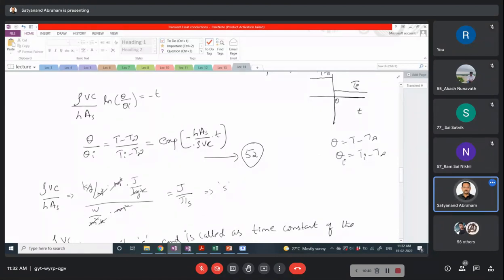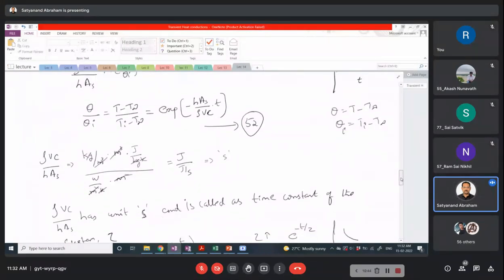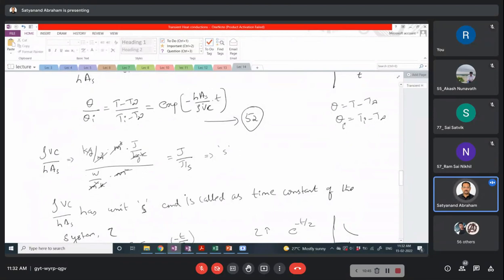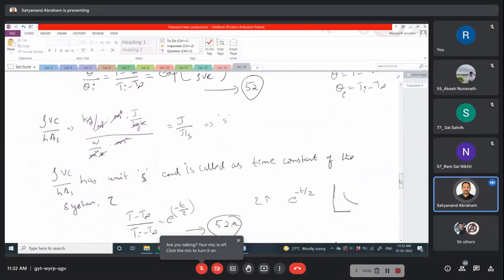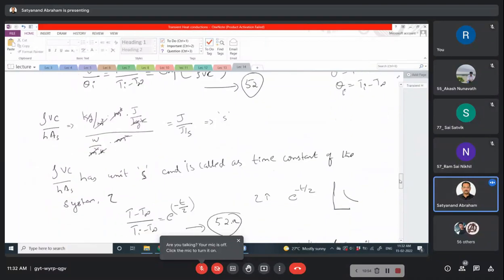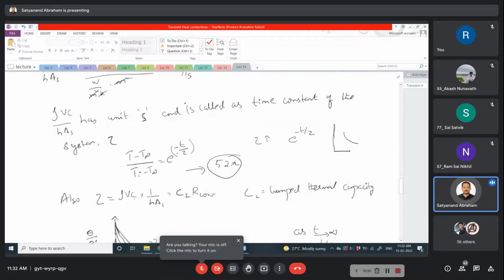We said that the term rho V c by h A_s has the unit of seconds, and therefore we call it the time constant. So we write (T minus T infinity) divided by (Ti minus T infinity) equal to e raised to minus t by tau.